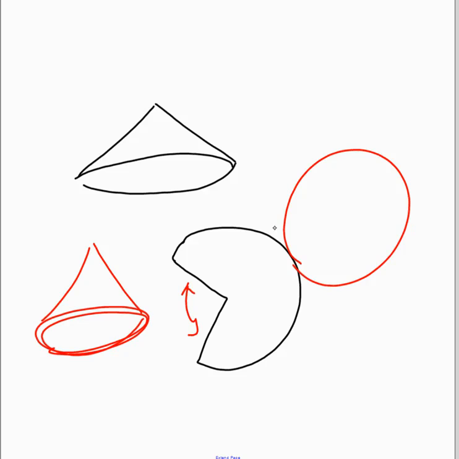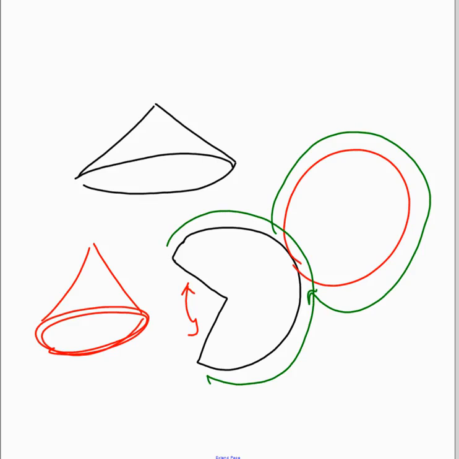The distance around this circle is matched up with the distance around that portion of a circle. The circumference of the bottom circle equals this portion here. The skinnier and taller the cone is, the smaller that portion is.